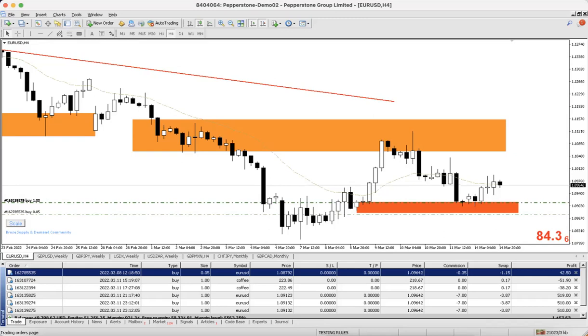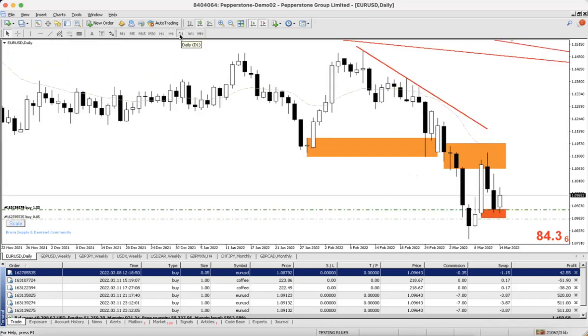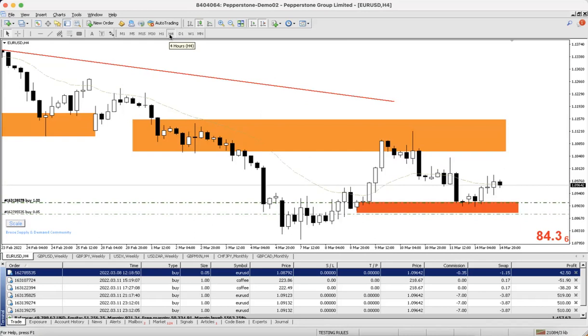All right. So at the moment, as it stands, if you are on this trade, you have to move your stop loss to this area here. Your stop loss should be at 1.09334.